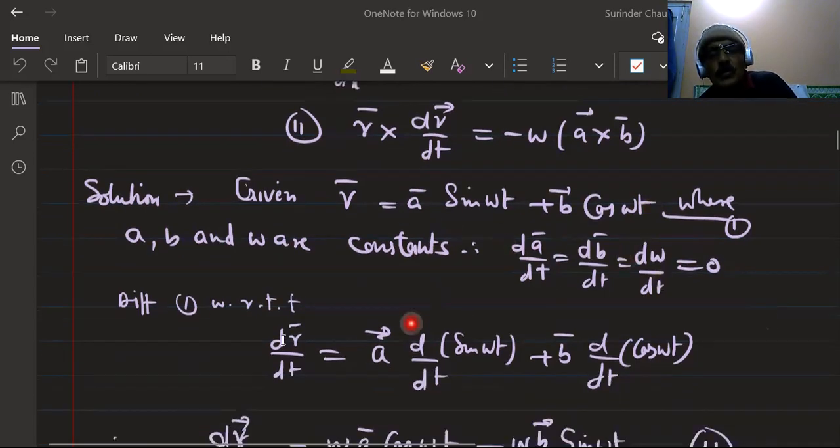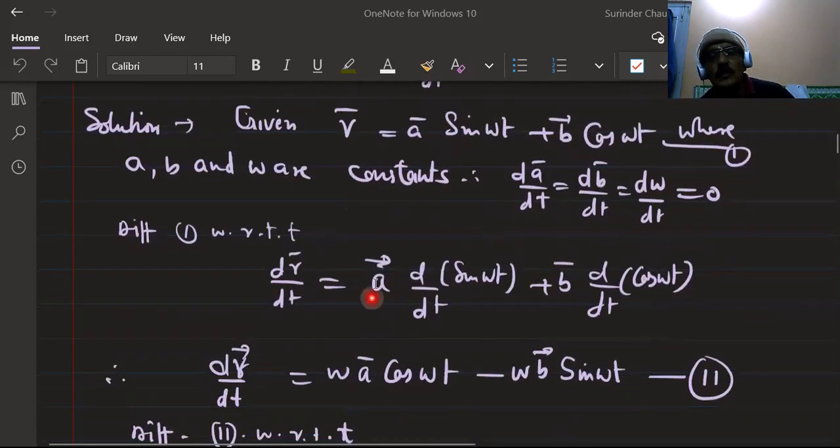Now differentiate first. The derivative of r with respect to t is a vector, a constant, times d/dt of sin omega t, plus b vector, a constant, times d/dt of cos omega t. d/dt of sin omega t is equal to cos omega t into omega. So omega a vector cos omega t minus omega b vector sin omega t.